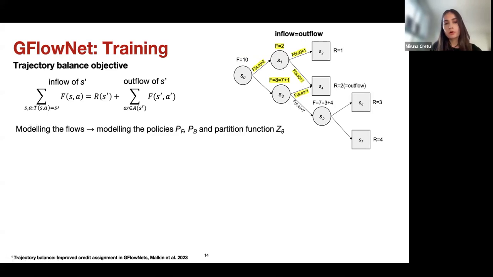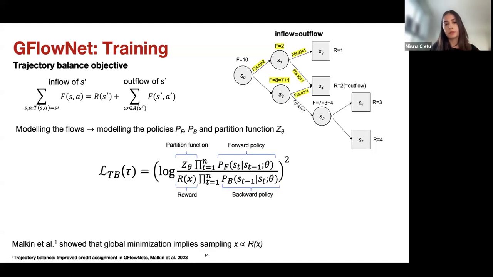Now, the more modern ways of training GFlowNets have departed from modeling flows to modeling policies. So here I'm showing a trajectory balance loss, which is the default loss used in training GFlowNets. And we will see that it first defines a forward policy function, which defines the probability distribution over the children of a state, the children of a node in one such graph, as well as a backward policy, which is sort of a novel component for GFlowNets, which also defines the probability to transition to parents of a state.